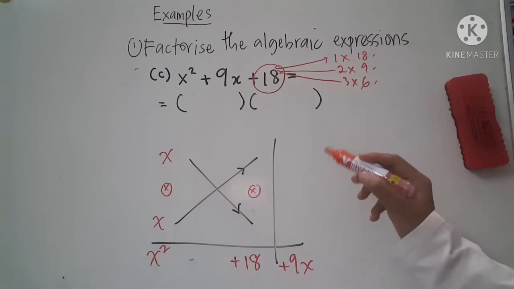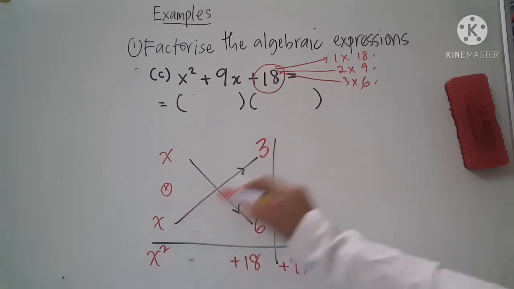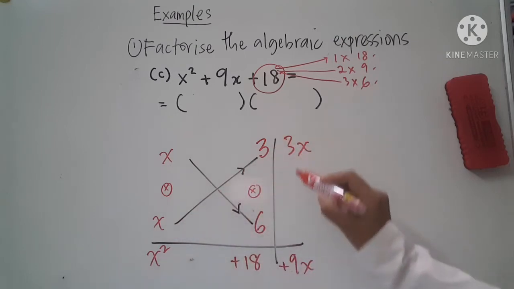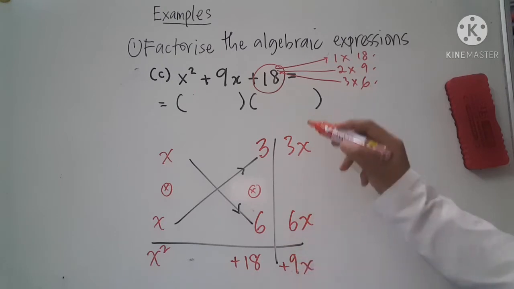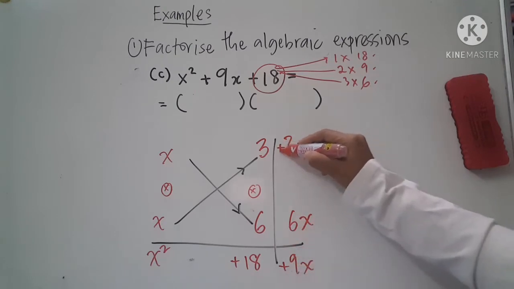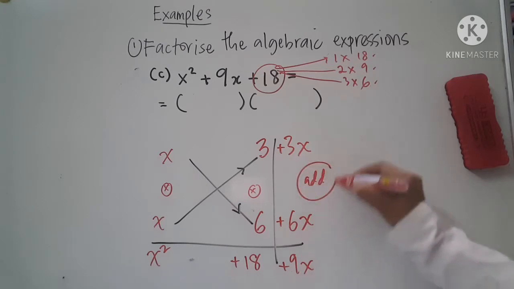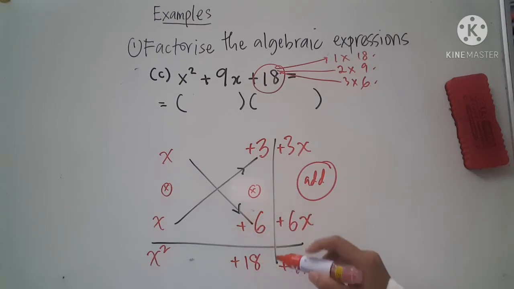Let's say I put here 3 and 6, because when you multiply, the arrow means x times 3, so 3x, and 6x, in order to get the positive. So this one you are going to add up. This one you are going to multiply. So you can see the answer.